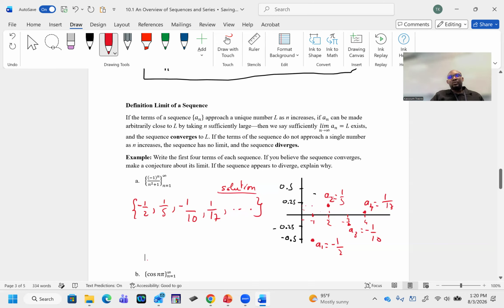That will be our conclusion: the limit appears to be 0.